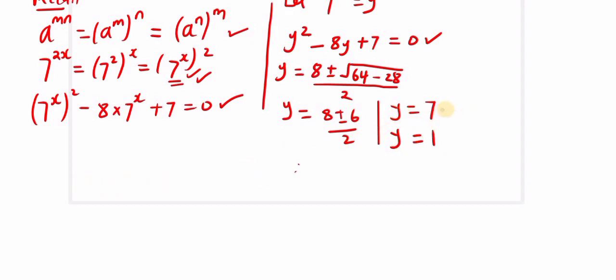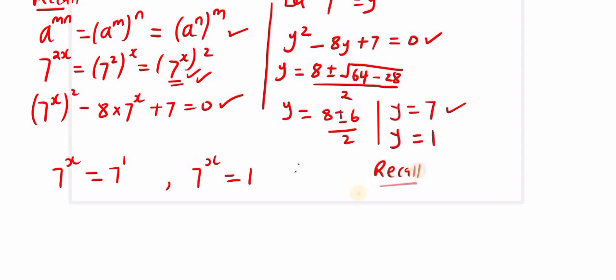So for this first part, we are going to have 7 power x, that is for y, and that should be equal to 7. Remember, 7 is 7 power 1, and we'll also have, in place of y here, 7 power x again, and that should be equal to 1.